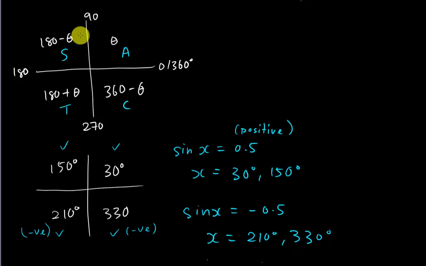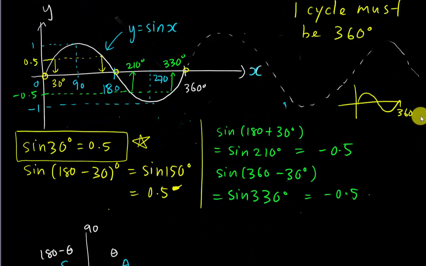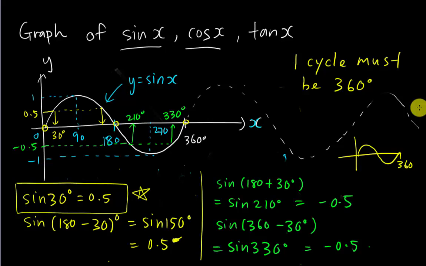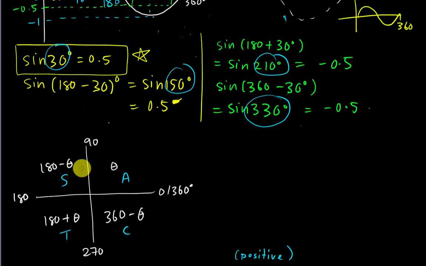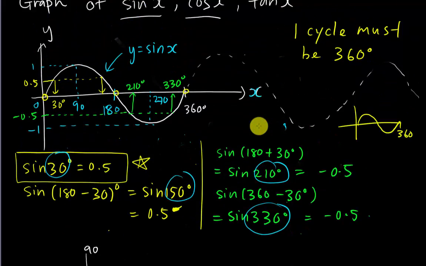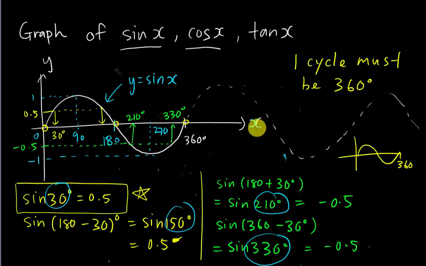If you can remember all this, you can easily understand how I get all these values: 30, 150, 210 and 330. This is how I get them from the quadrants. The second one, I use 180 minus angle. The third one, I use 180 plus angle. And the last one, I use 360 minus the angle. This is how I understand the graph of sine.